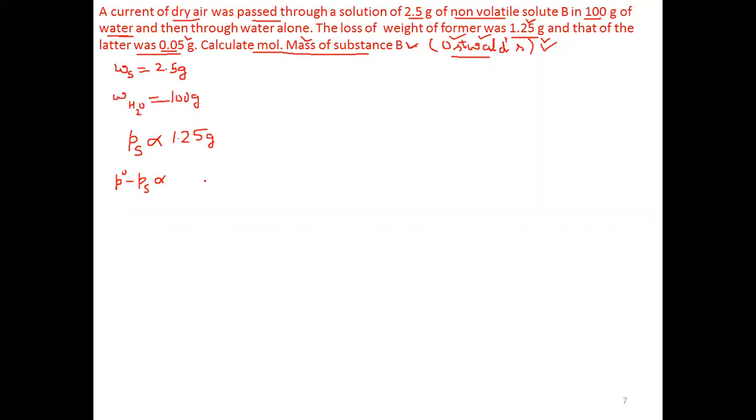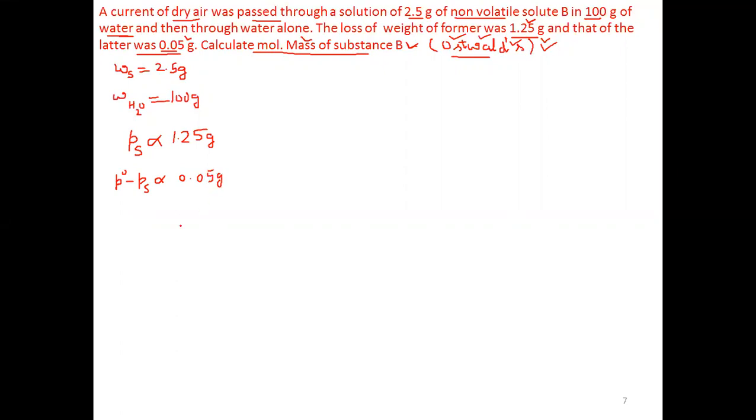If we know this method, then after seeing this numerical, please first see Ostwald's method, then do this numerical. P naught minus PS is proportional to 0.05 gram.